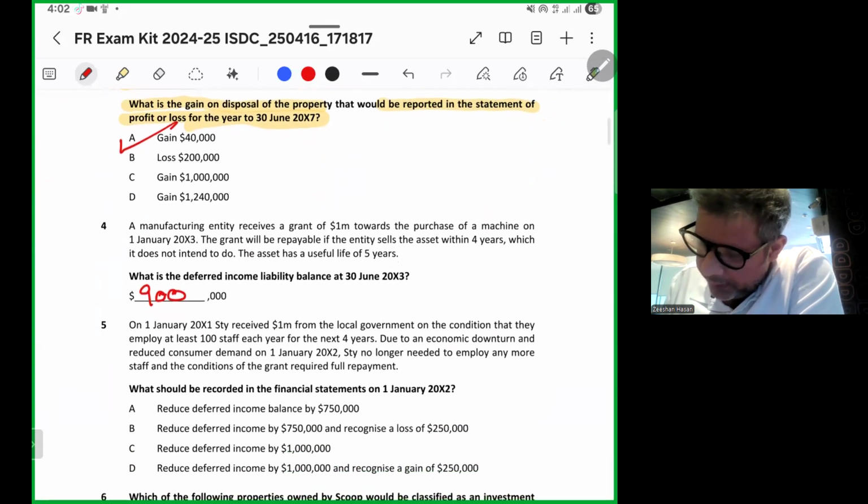On 1st January 20X1, Stay received 1 million from the local government on the condition that they employ at least 100 staff each year for 4 years. Due to an economic downturn and reduced consumer demand on 1st January 20X2, Stay no longer needed to employ any more staff, and the condition of the grant required full repayment.